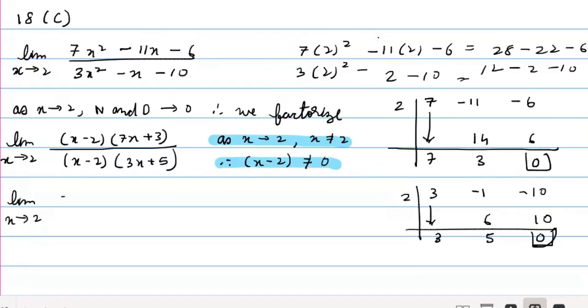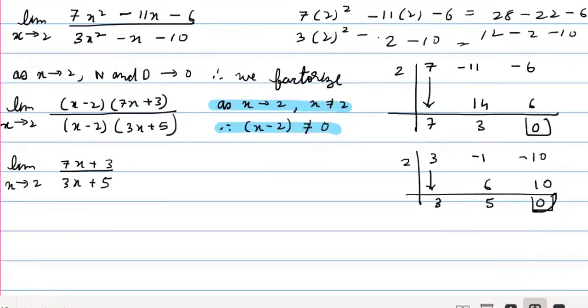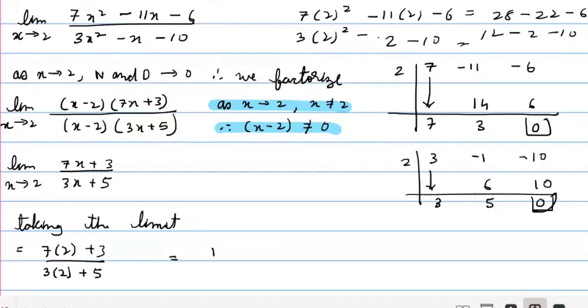So limit x tends to 2, 7x plus 3 over 3x plus 5. And now you can check again by plugging in x as 2 whether the numerator and the denominator are becoming 0. The answer obviously is no, so we can take the limit. And this is 11. 17 upon 11 is the answer.